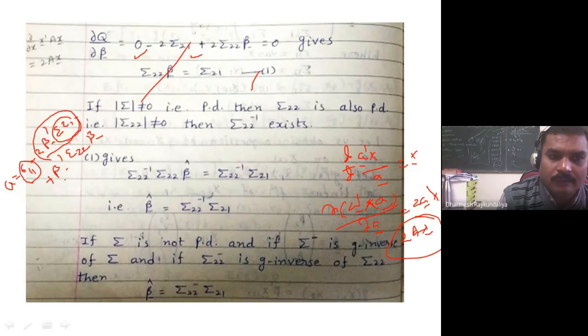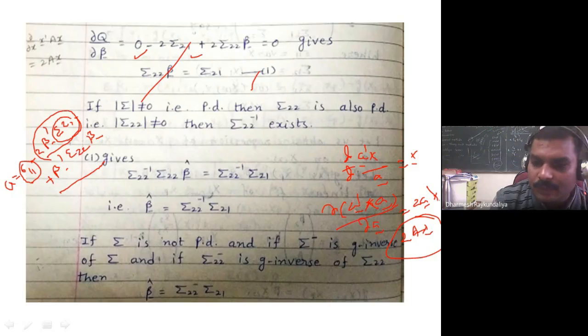And what is the derivative of this quantity with respect to beta? It is 2 times sigma 2 2 beta. Similarly for AX, just substitute A equal to beta, so it is beta transpose X A, and you will get 2AX. So that is nothing but 2 sigma 2 2 beta.